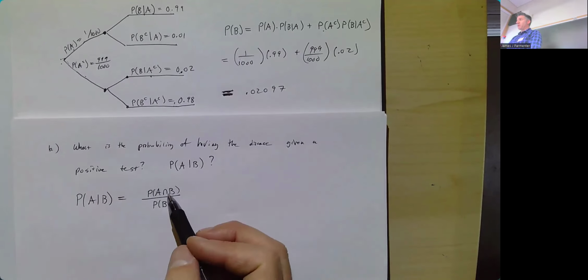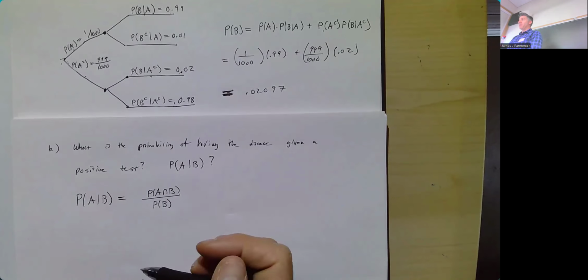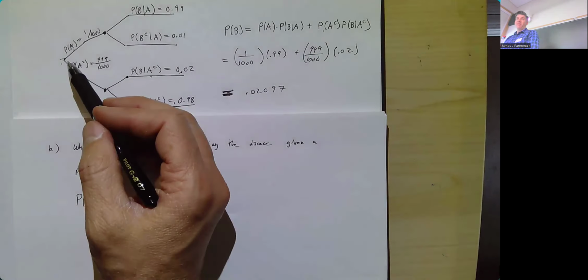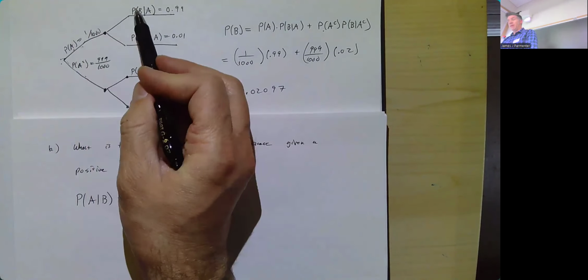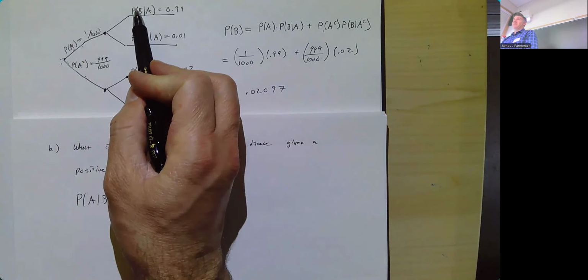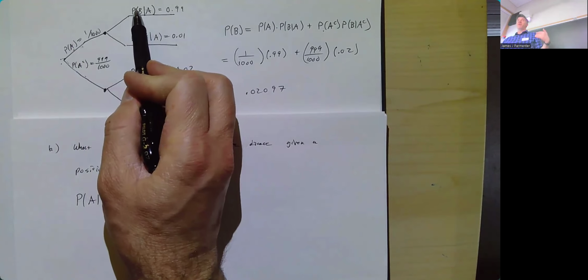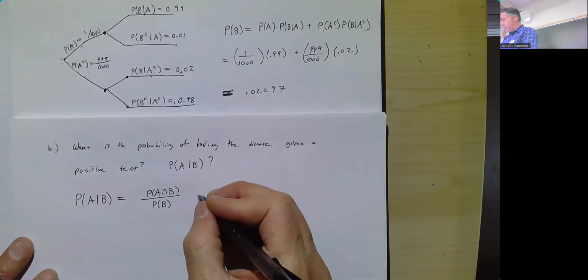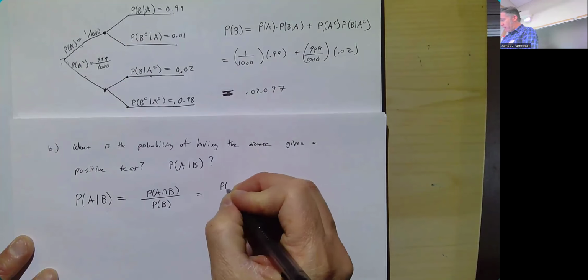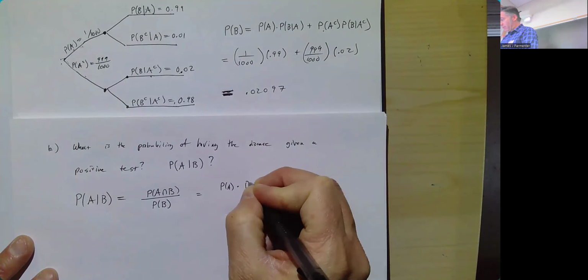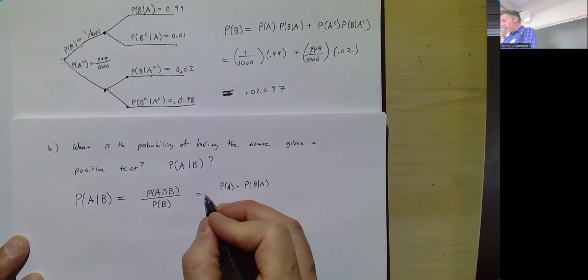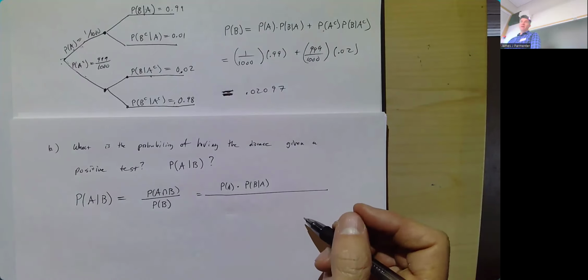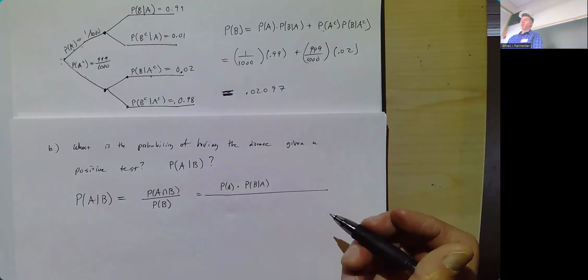The top part means I want A and B to happen, so I look at the pathway that gets me A and B. First A happens and then B happens given that A has happened. That's the only way A and B both get to happen, so it's the probability of A times the probability of B given A. On the bottom, I want the probability of B, which we just calculated, but I'll write it again.